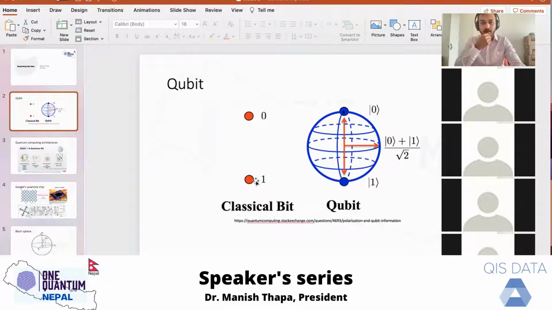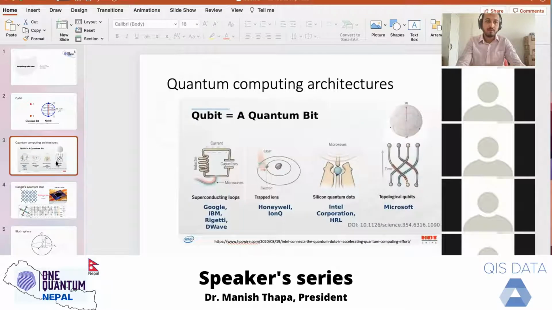So, quantum computing architectures. The qubits are the fundamental units of different quantum computing architectures, different quantum processors. And I told you in our first talk, there are different candidates for quantum computers. So you see on the left, there are superconducting loops.